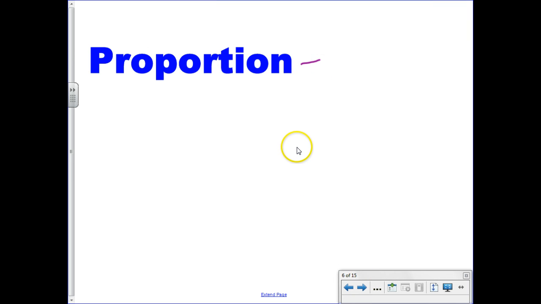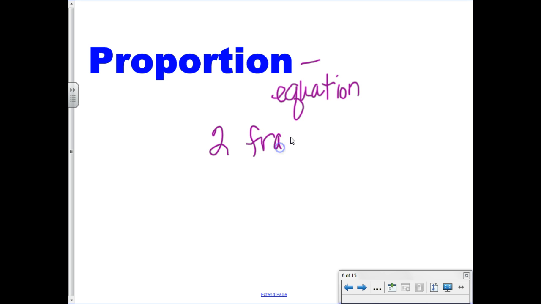All right, now, the other word you're going to see a lot in this chapter, and most of the 7th grade standards emphasize this a lot, is a proportion. You've heard this word before, and I want to talk through what you've seen about this before. A proportion is really some sort of math statement, and it always has an equal sign. So the first thing I want to make sure you understand is that it's an equation, and it's an equation of two fractions, two ratios.